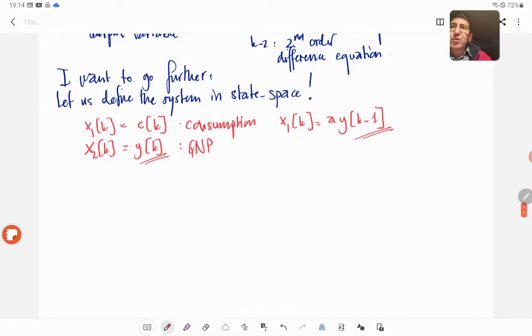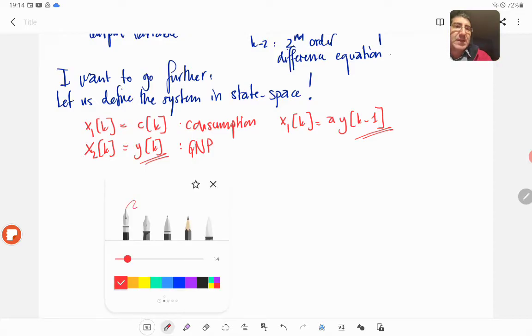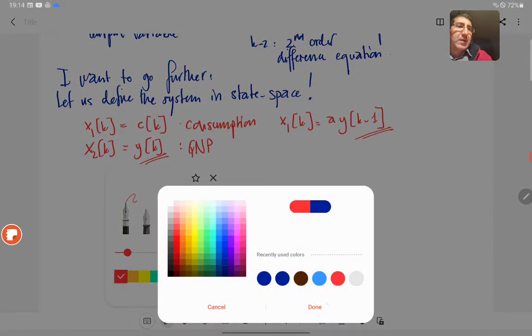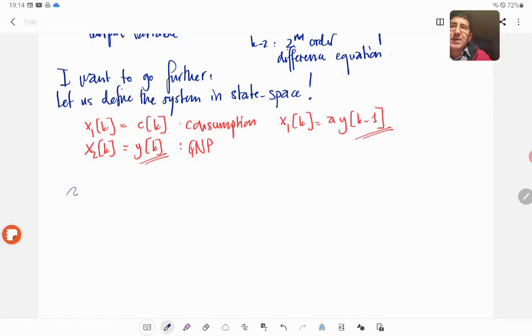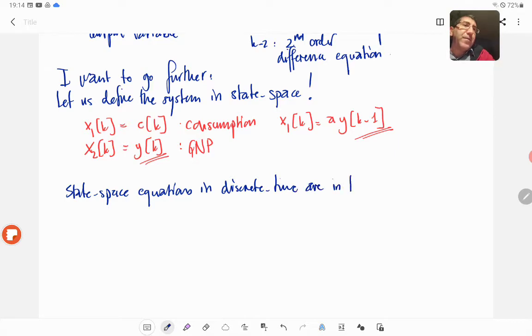Now let's try to write the state equations in discrete time. What does that mean? Well, in discrete time, state space equations have a structure like this. Basically, we have the state at time k.